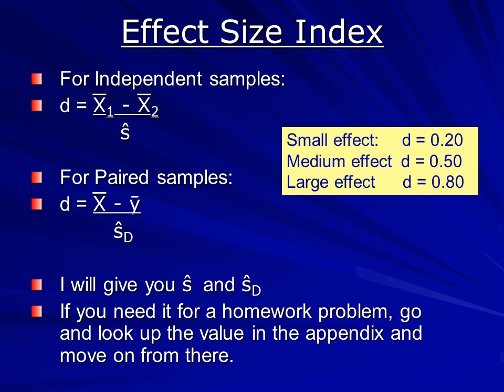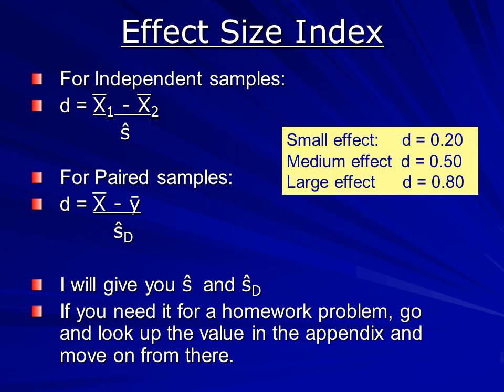For paired samples, you take the difference between each average, even though they're from the same sort of groups because they're matched somehow, and then you have the S hat sub D. If you need it for your homework, go look it up in the back of the book. Don't take your time calculating it. Those calculations are pretty extensive, so just look it up in the back when you're doing your homework.